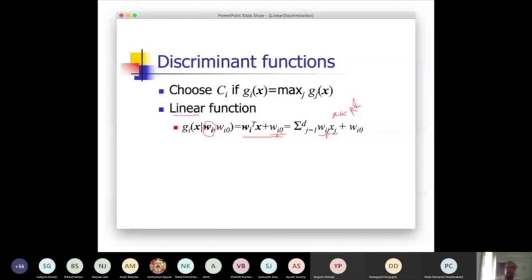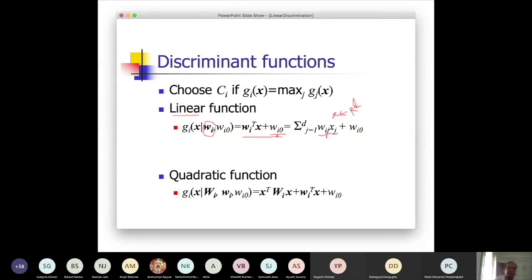With respect to this, of course, the discriminant function does not have to be linear. It can also take other forms. It can be a polynomial form, even a non-polynomial form.